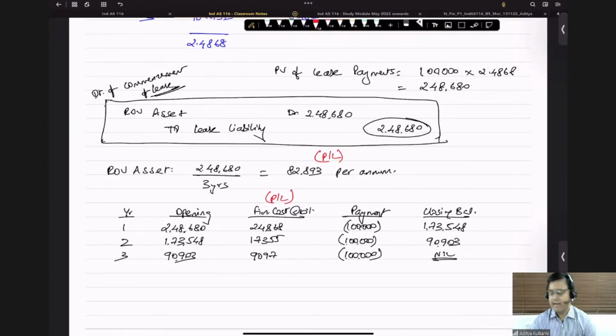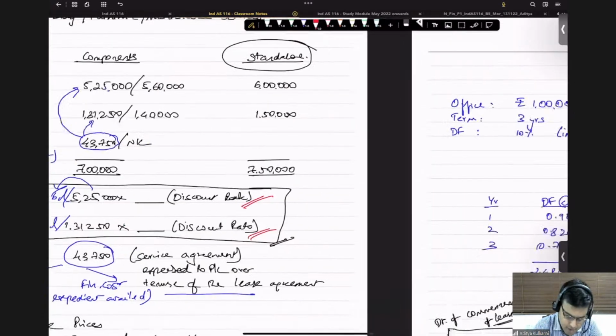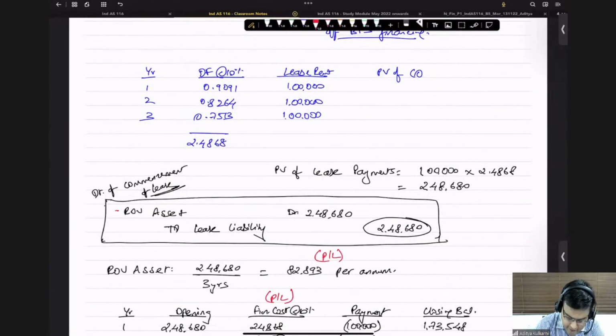Okay. So now coming to this case, once you have understood this, you are now going to be able to understand why we are taking this discount rate. You should now be in a position to understand and appreciate this. This discount rate and arrangement was done because the ROU asset is ultimately flowing from my lease liability, and lease liability is taken as present value of future lease payments.